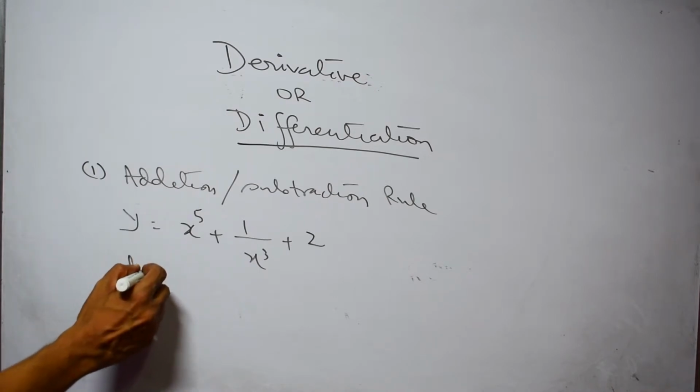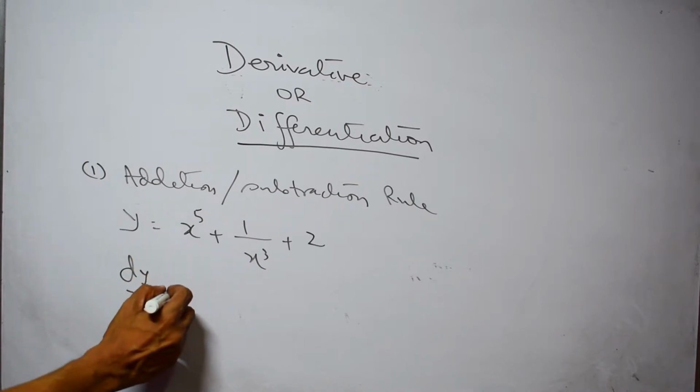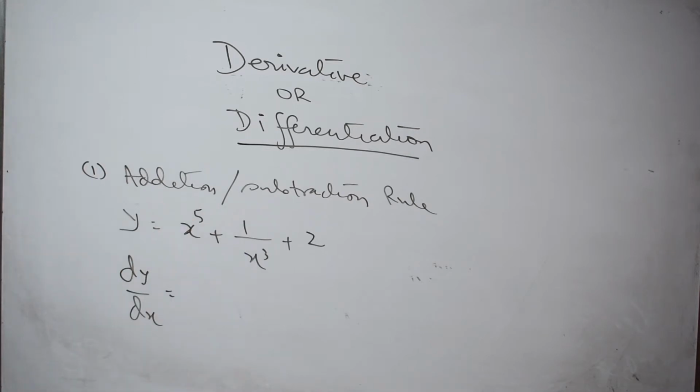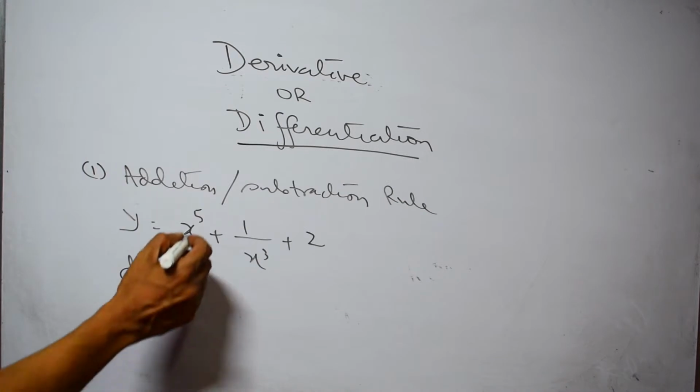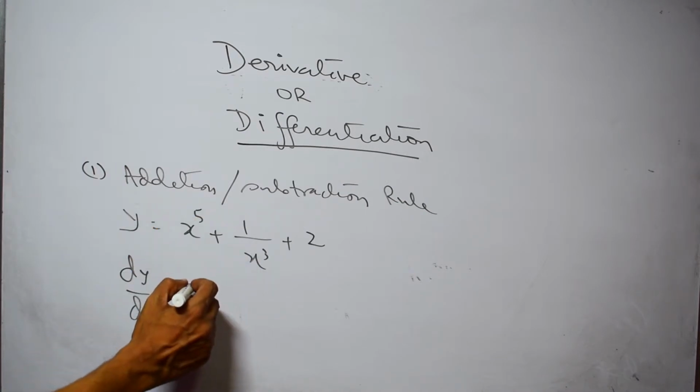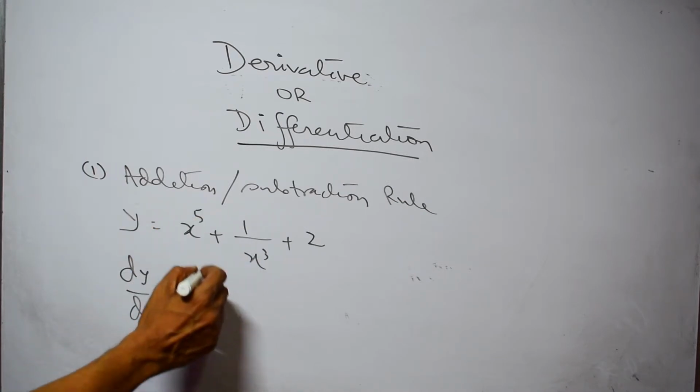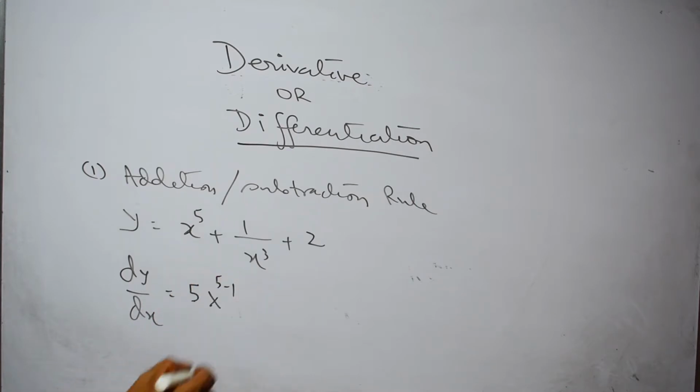We can individually use the formula. For x to the power 5, that is x to the power n, it is 5 x to the power 5 minus 1.